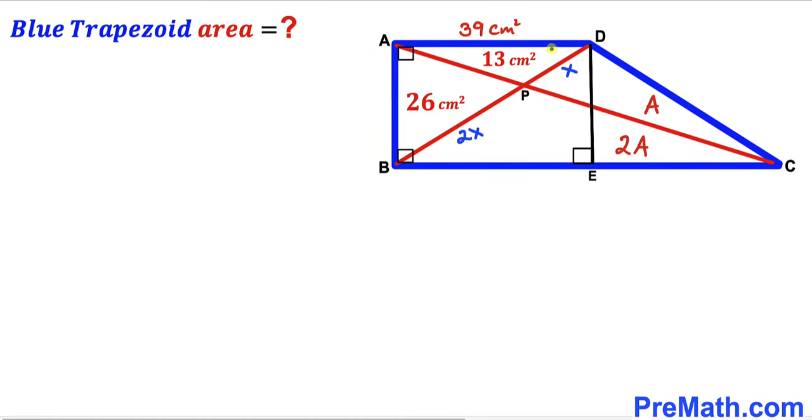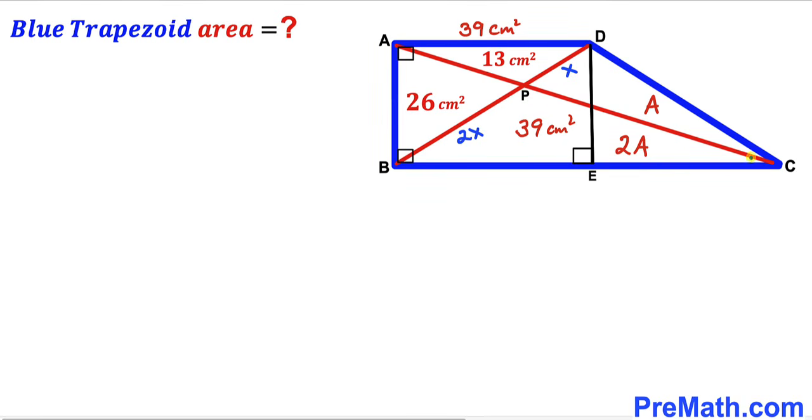So the area of this triangle ABD is going to be equal to the area of this triangle BDE. And we know the area of this triangle ABD is 39 centimeter square. So the area of this whole triangle BDE is going to be 39 centimeter square as well.